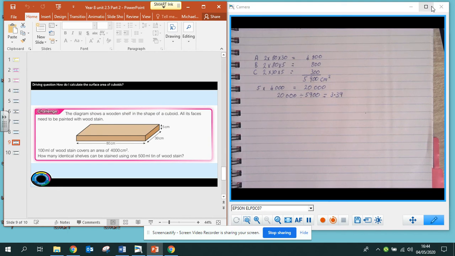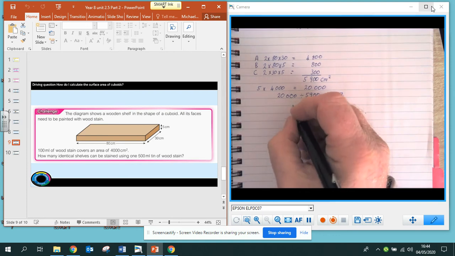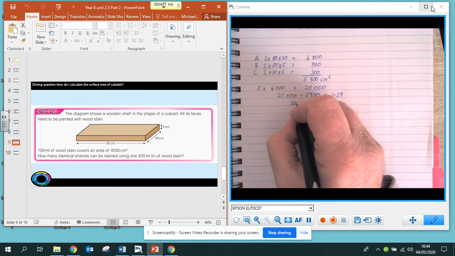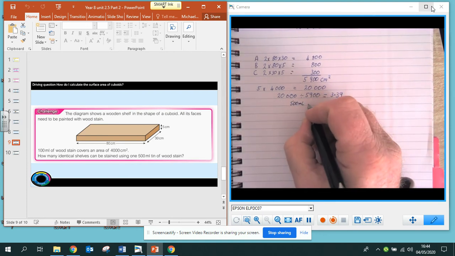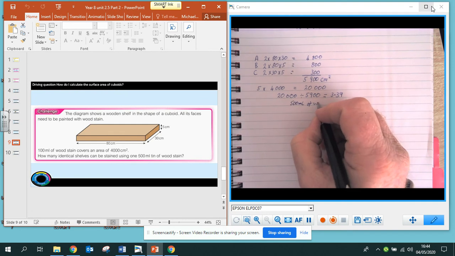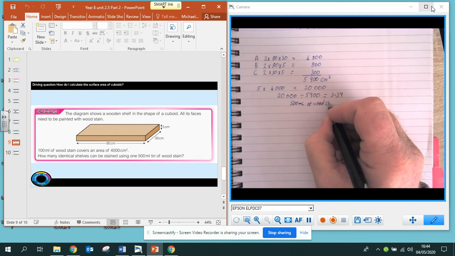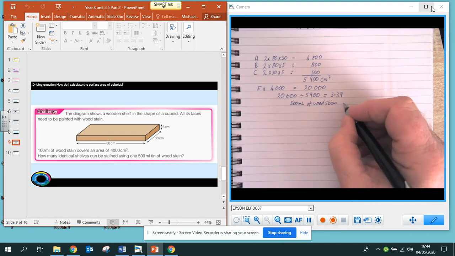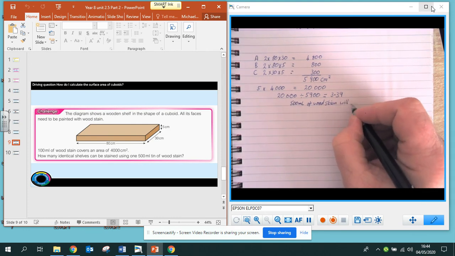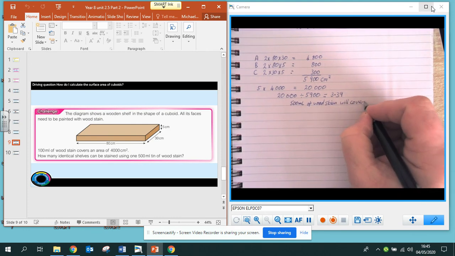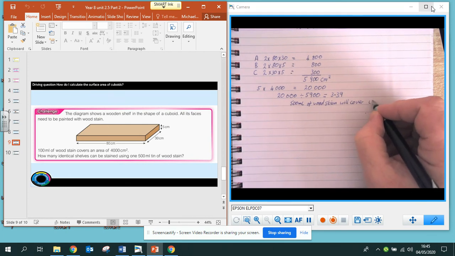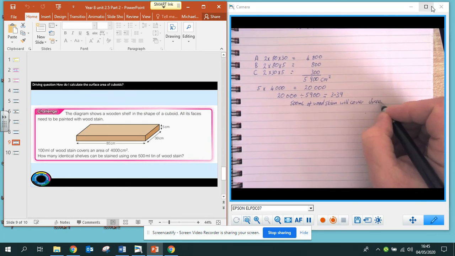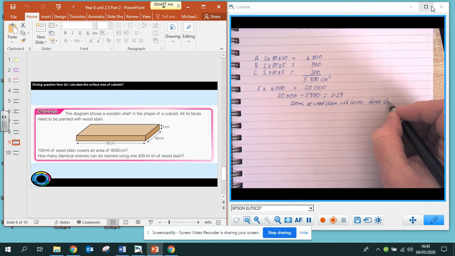So 500 millilitres of wood stain will cover 3 shelves.